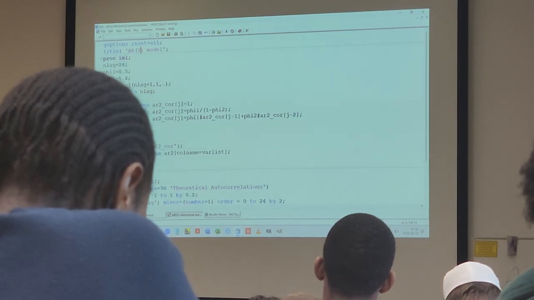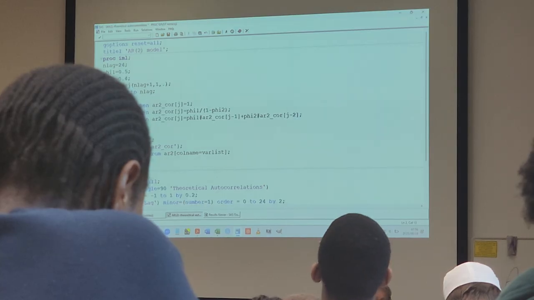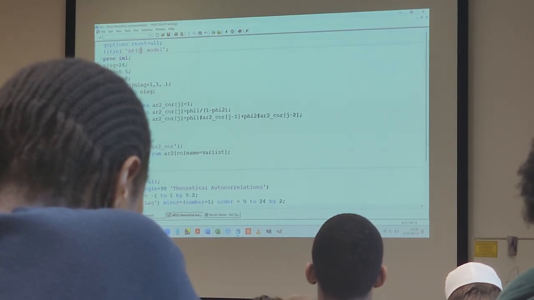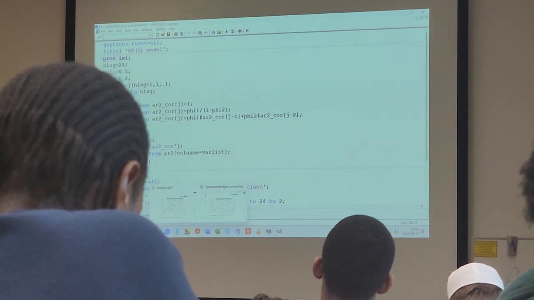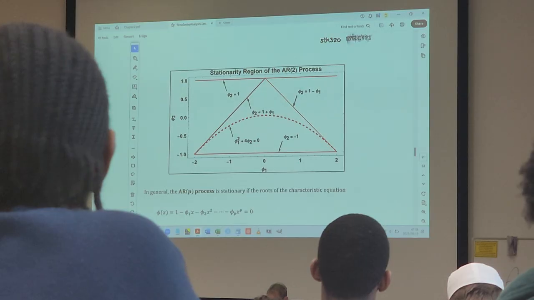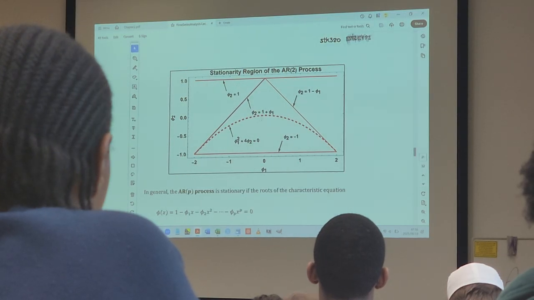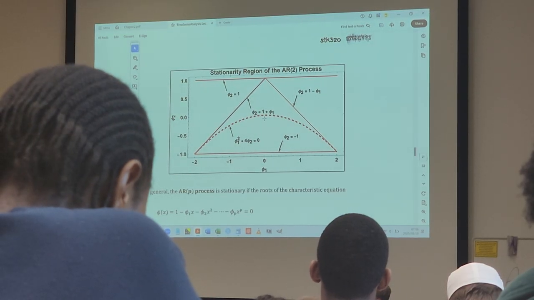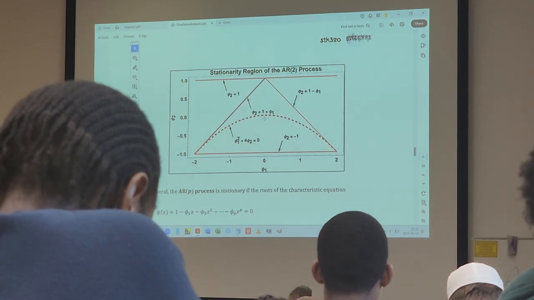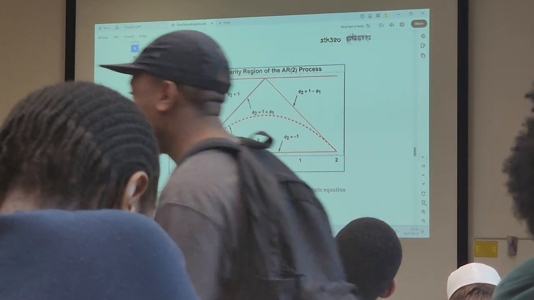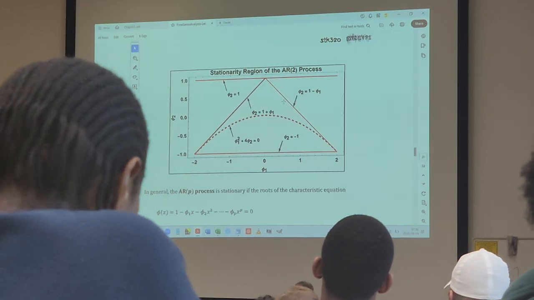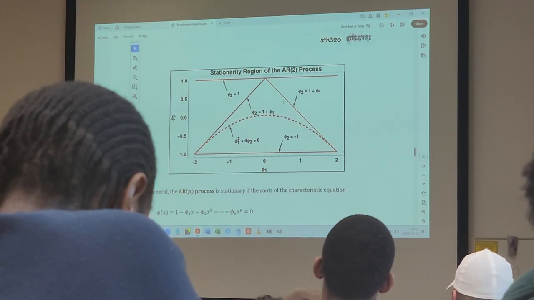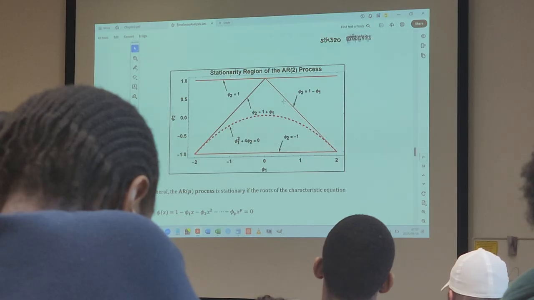I have to pick now, and this is important, for this formula to work, since those formulas are for stationary AR2, I have to be very careful that I pick values for phi 1 and phi 2 which are inside this triangle. I cannot go outside of the triangle. I pick phi 1 equals 0.5 and phi 2 equals 0.4, so that is somewhere there. So I will get real roots. My roots, if I were to work them out, will be real.